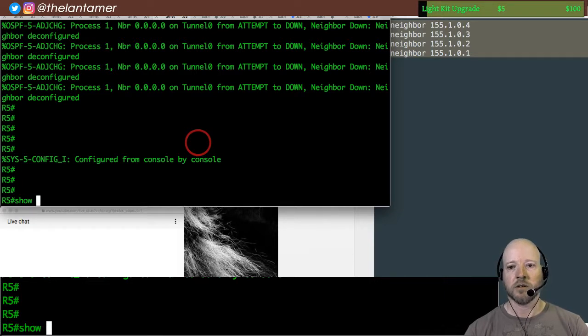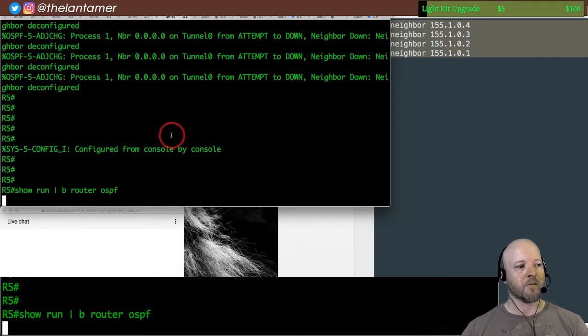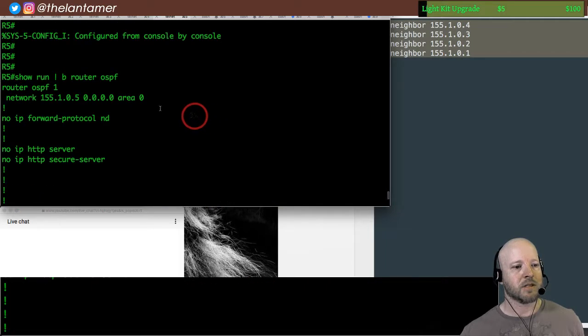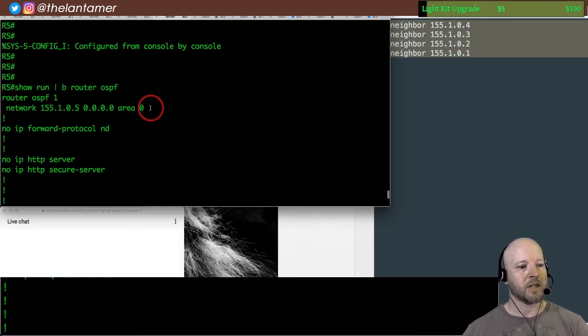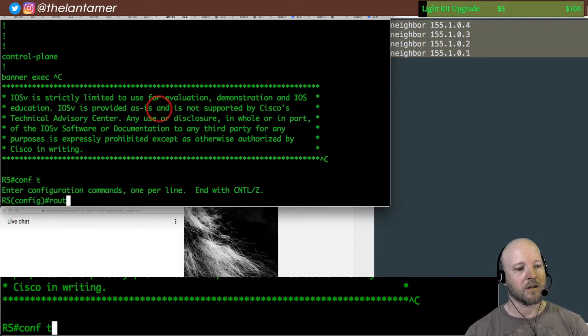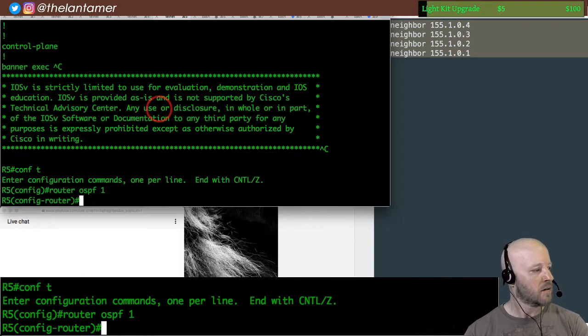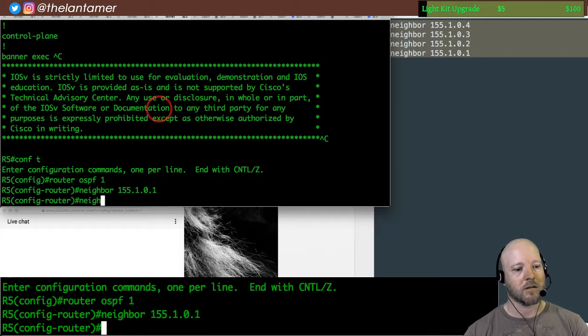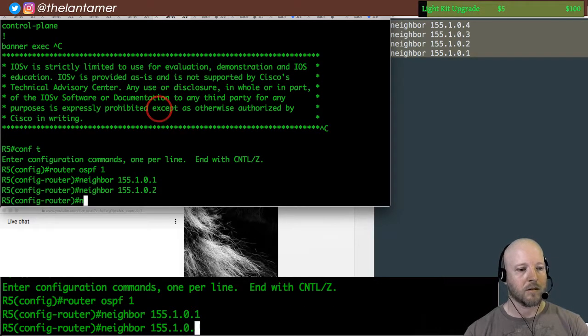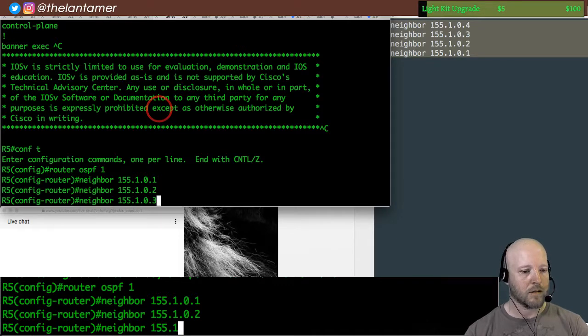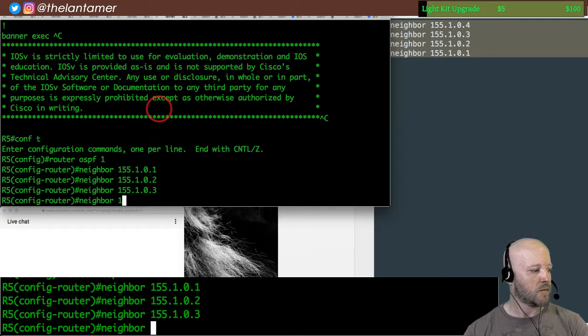Show run. Okay, so we've changed the type. Router OSPF 1, we need to put... No, we do need the neighbors, but just on the one side.